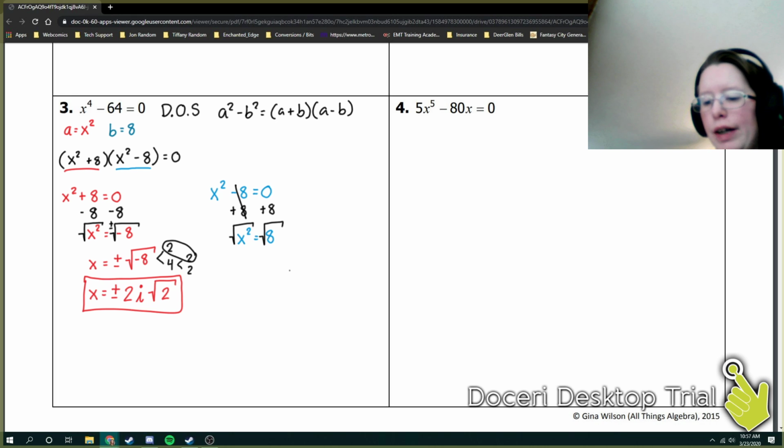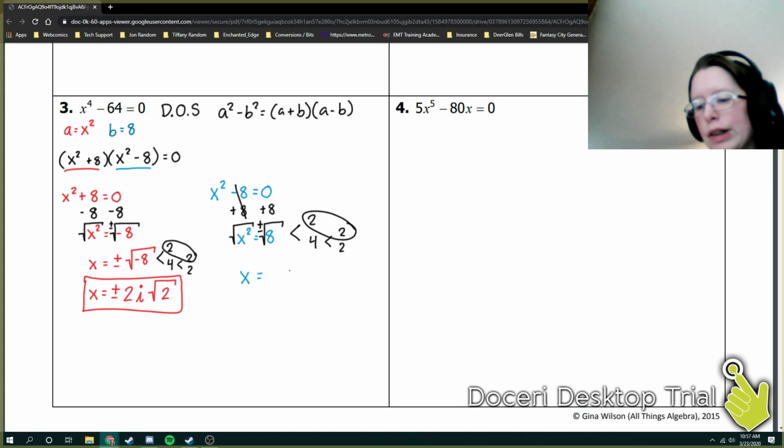And then we have to simplify the square root of 8 the exact same way that we did for the red problem. It's going to split into 2, 4, 2, and 2. It's the exact same tree. So x is equal to plus or minus 2 root 2.